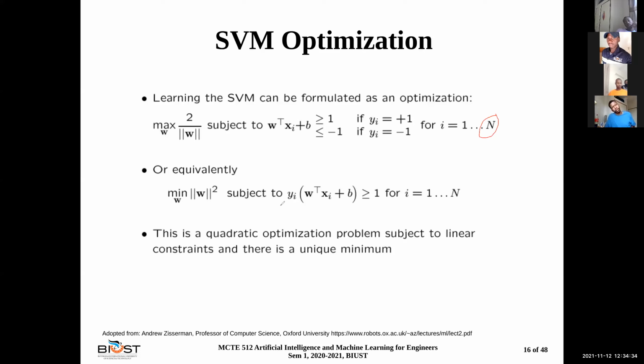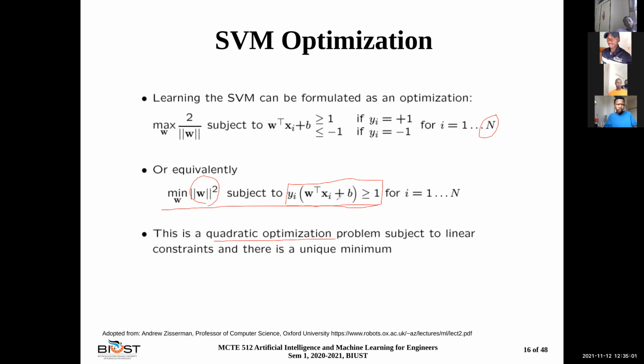So do we agree here? Now we say that it is a quadratic optimization because it is quadratic to the second order, and subject to a linear constraint, because our constraint is linear. There is a unique minimum.